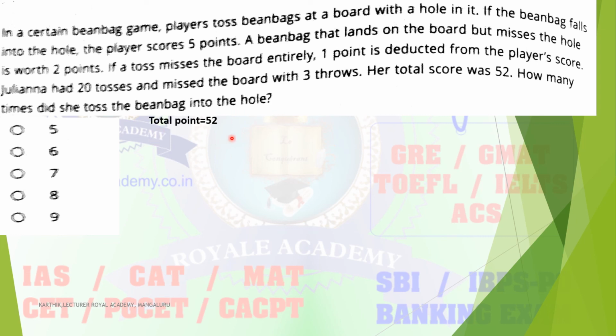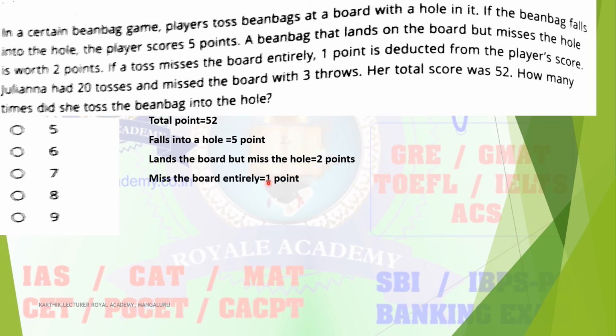The total points are 52. If it falls into the hole, she gets 5 points. If it lands on the board but misses the hole, she gets 2 points. If it misses the board entirely, 1 point will be deducted. Then the total tosses are 20.